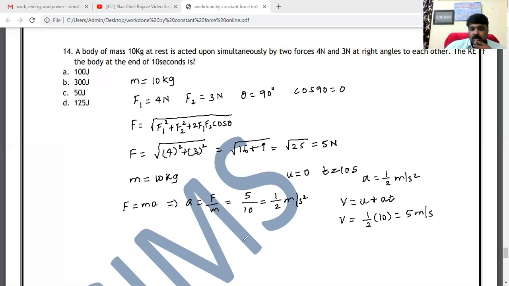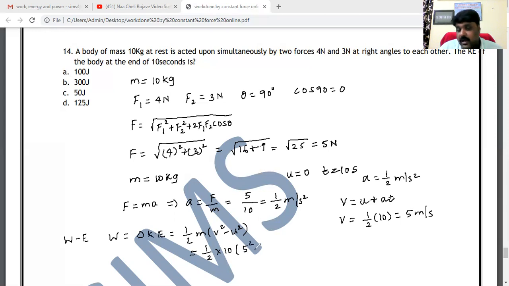Now we got the final velocity. We are given the initial velocity, that means the object is at rest. Hence, according to the work energy theorem, the work done on an object is equal to the change in kinetic energy. That is half m of v square minus u square. That equals half m, which is 10 kg, v square 5 square minus u square 0 square.